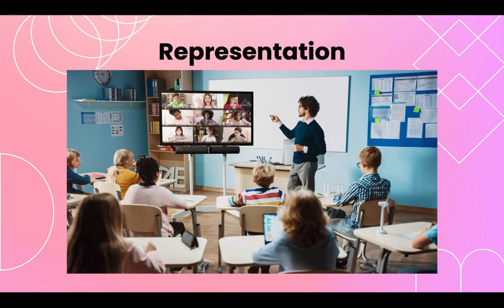So the first principle is the representation principle, and this first principle is concerned with how content is shown to the students. For example, the representation principle can be books, videos, pictures, hands-on learning, like how these students are being shown the content.